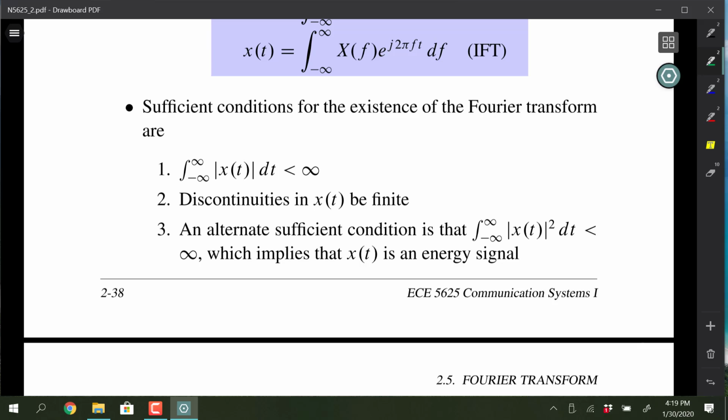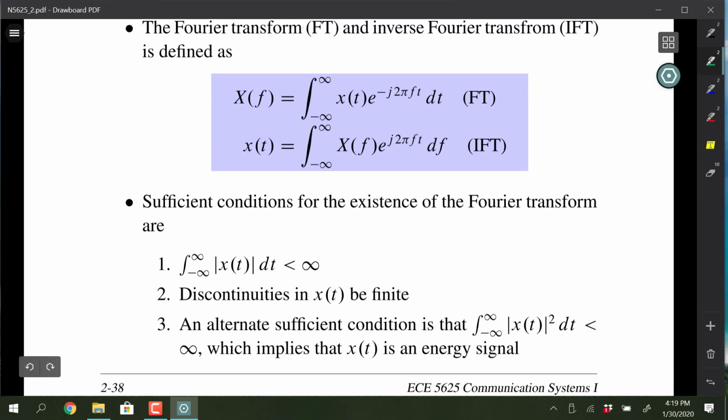So sufficient conditions, well, this is the inverse and forward Fourier transform. I guess I'm going to have to stop here for the day, but what's the feature of what we use in this class is that we're going to use F. We're not going to use omega, which is 2 pi f. So I think in the 3205 book you used omega. Is that true? Yeah.